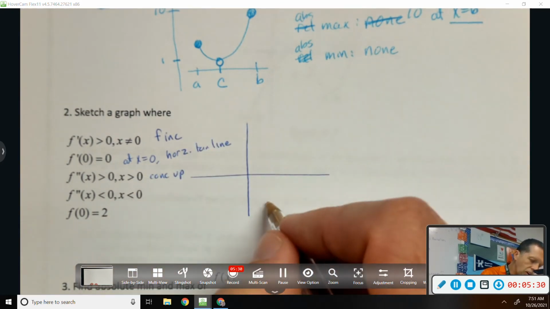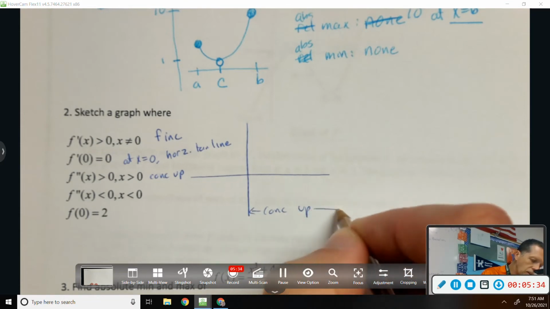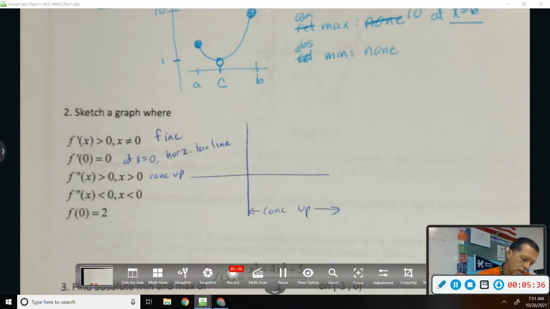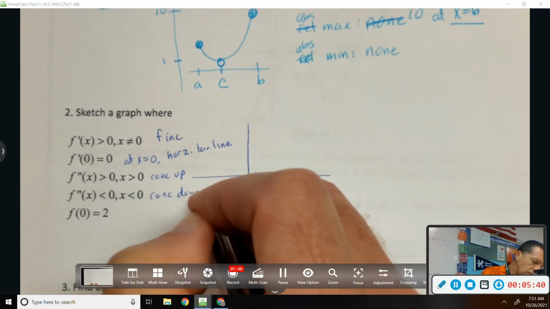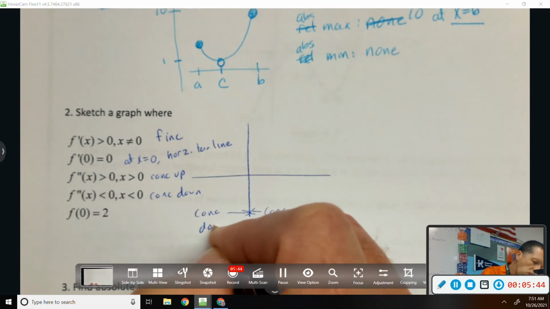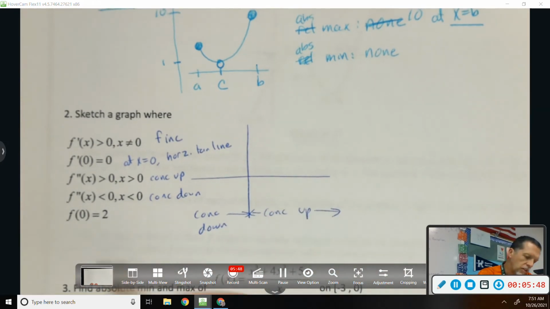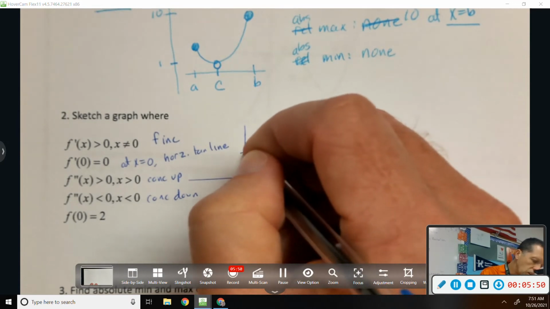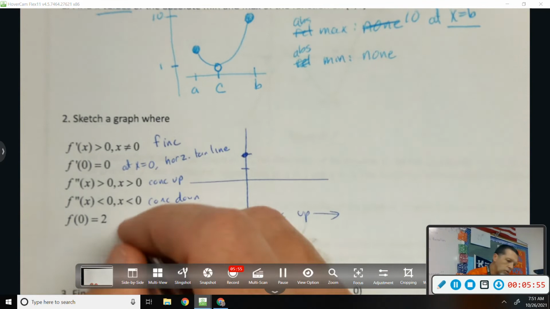I'm going to label my graph here. So concave up that way. Concave down when x is less than 0. And then f of 0 equals 2. So the point (0, 2) is on my graph.